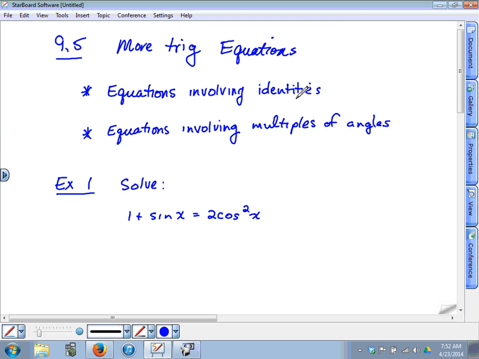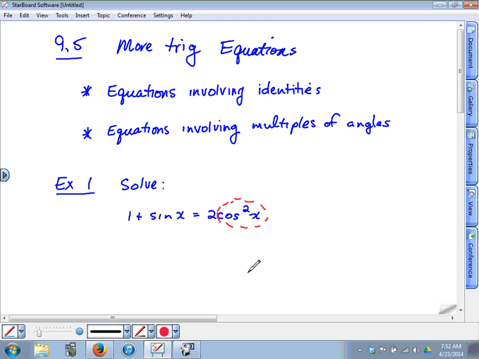So it's a pretty safe bet we're going to have to come up with some identity. There are probably a lot of identities we could use, but we want to use an identity that will give us all of the same trig function. What's the identity for cosine squared?